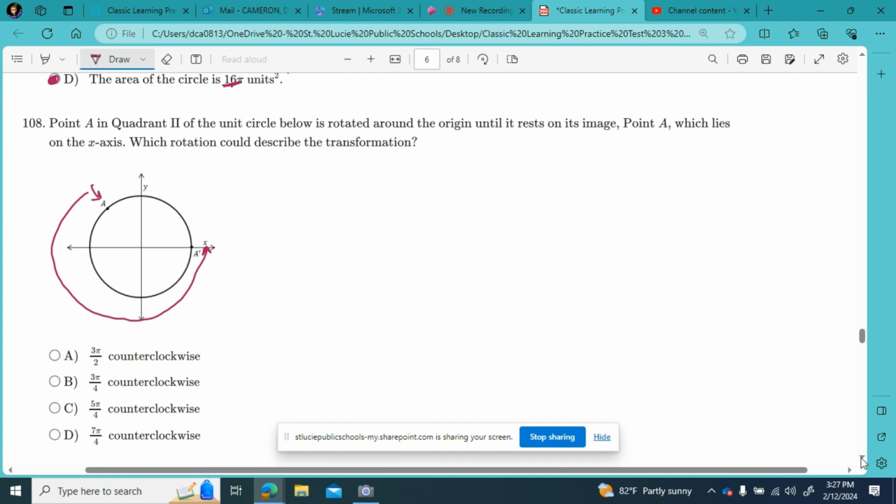I know that the entire circle is 2 pi radians. They give you that on the reference sheet. So that means 2 pi radians is 360 degrees. Pi radians is 180 degrees. And pi over 2 radians is 90 degrees.